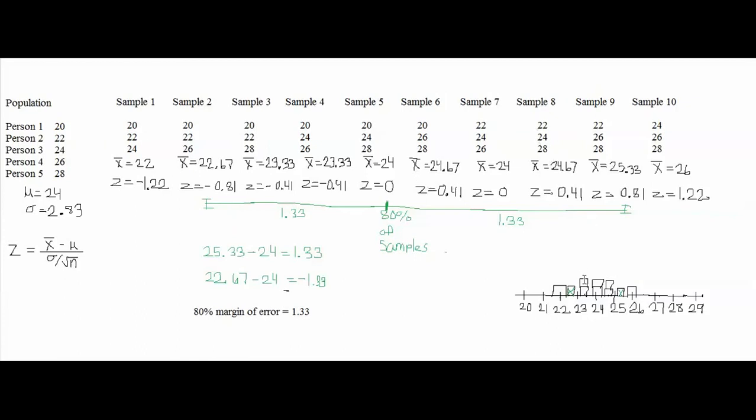Well, the middle 60% would be the middle 6, because 6 out of 10 is 60%. And it looks like the middle 6 would be these 6 samples in here, which are samples 3, 4, 5, 6, 7, and 8.